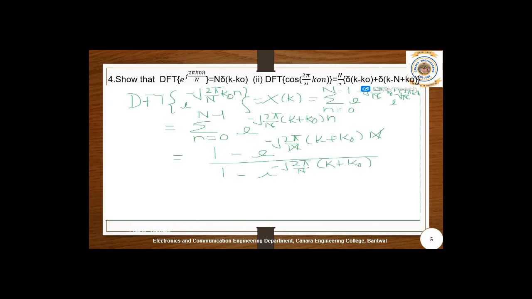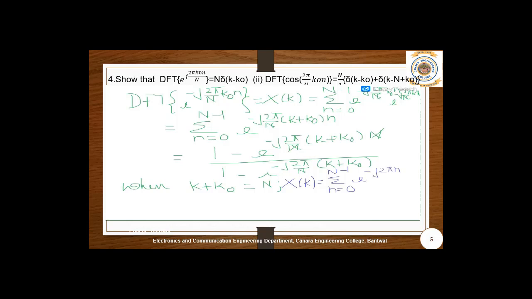So when k plus k naught is equal to N, in that case we can write this as summation n from 0 to N minus 1 of e to the power minus j 2 pi n.